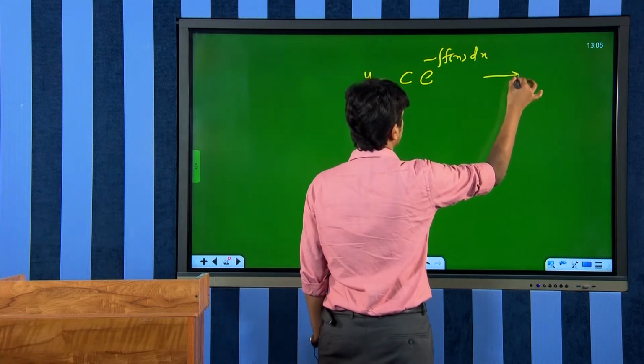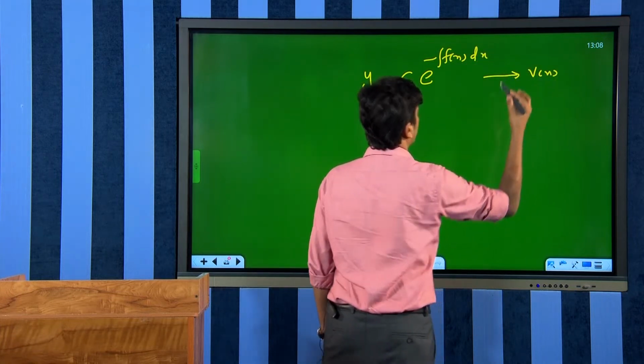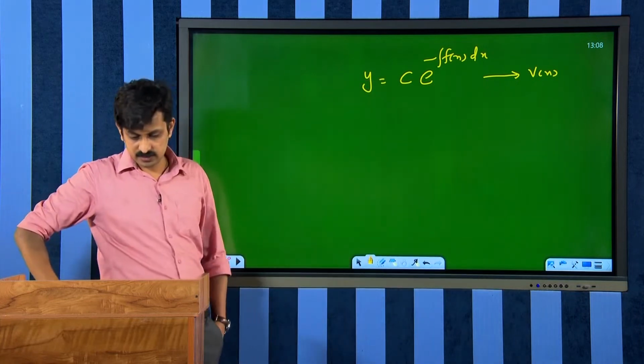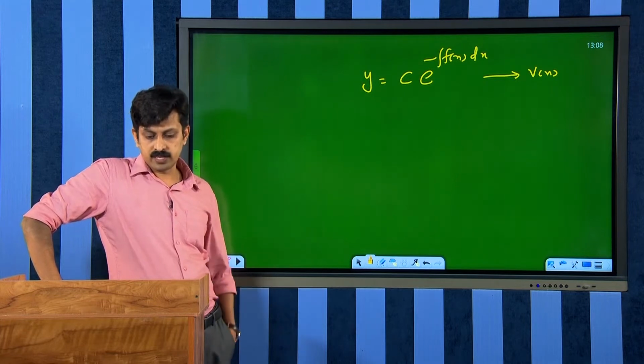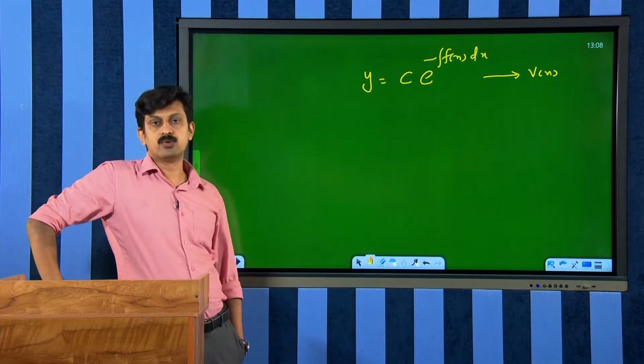Instead of y, this is what we considered as v of x. Okay. So, we replace here c by u of x.